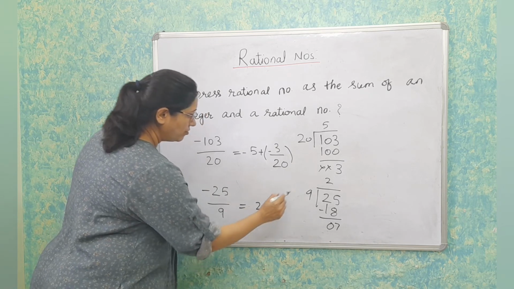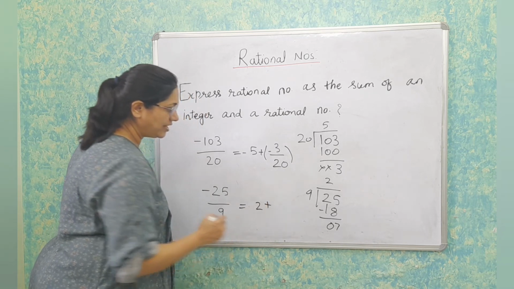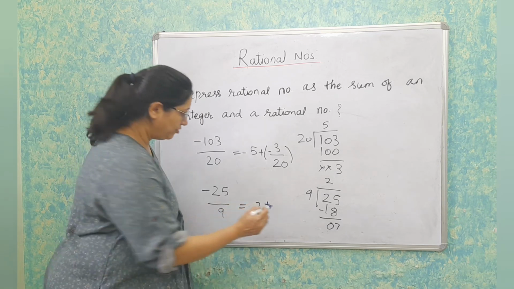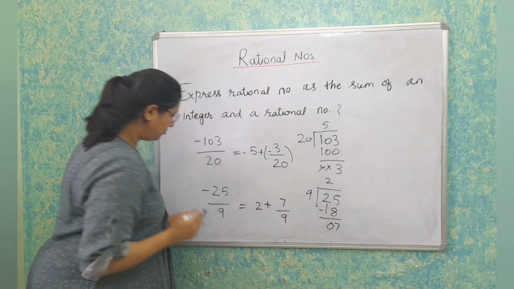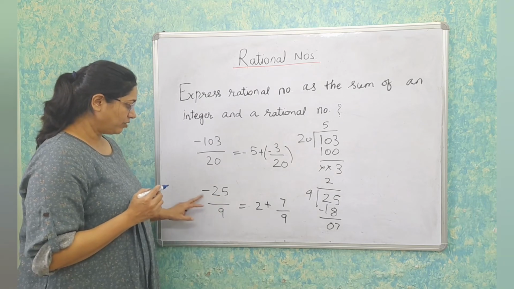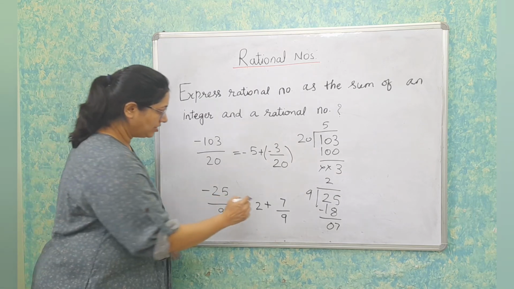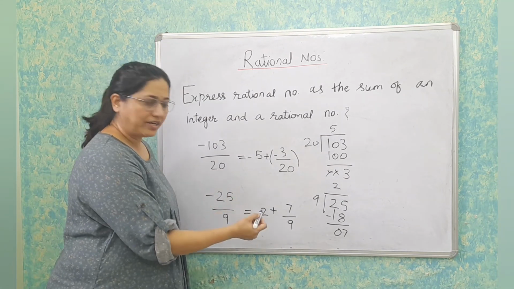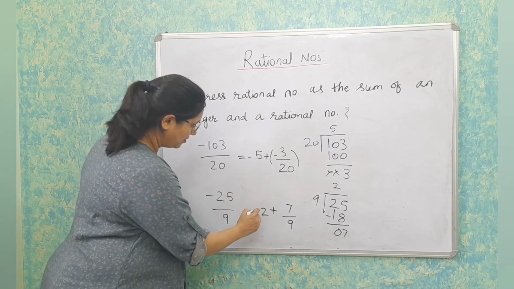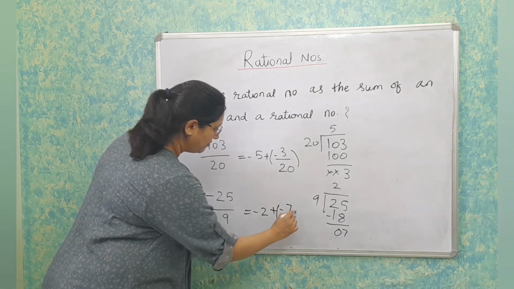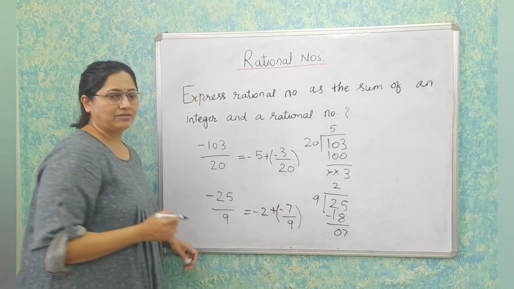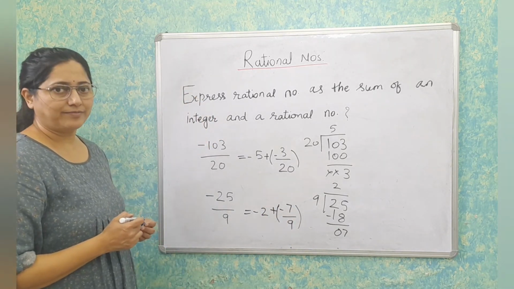So this is 2 and then I will put a plus sign and the remainder would be the numerator. So 7 divided by 9. But again 25 upon 9 was a negative rational number. So I will put a negative sign in both of them. Minus 2 and minus 7 upon 9, and I will put it in a bracket. So this is the answer.